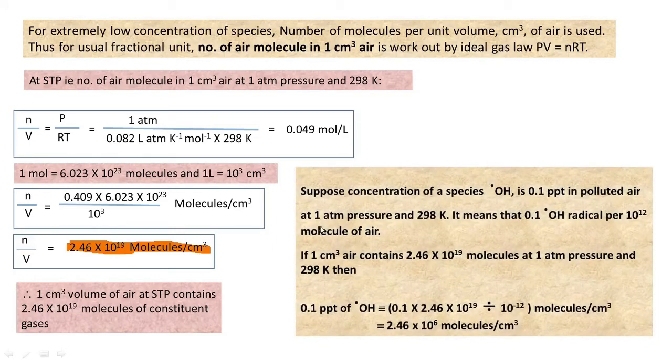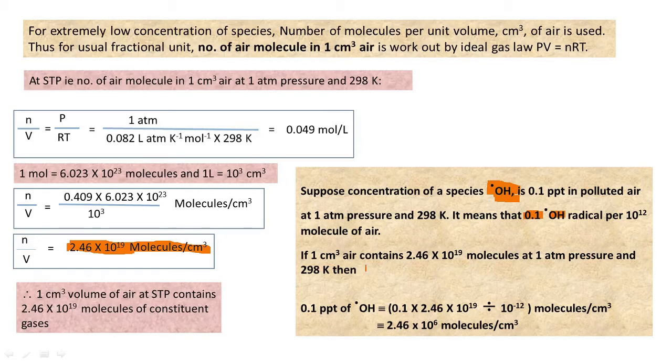We can again elaborate these terms by taking one example. Suppose this is OH radical, a pollutant we consider, and it is 0.1 ppt in polluted air. So what does this mean? At 1 atmosphere, it means 0.1 OH radical per 10 to the power 12 molecules of air.